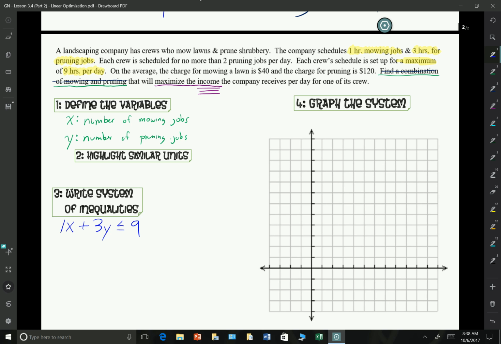That makes sense. So X-intercept to Y-intercept, just like before. X-intercept. Set the X term equal to the total. So in this case, X equals 9. 1, 2, 3, 4, 5, 6, 7, 8, 9. Y-intercept. Set the Y term, which is 3y, equal to 9. Y equals 3. So I got my 2 points.